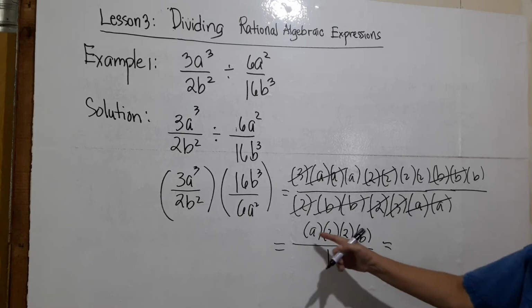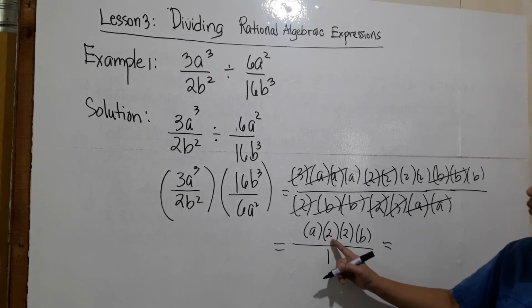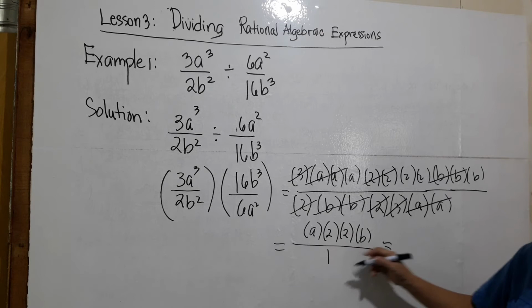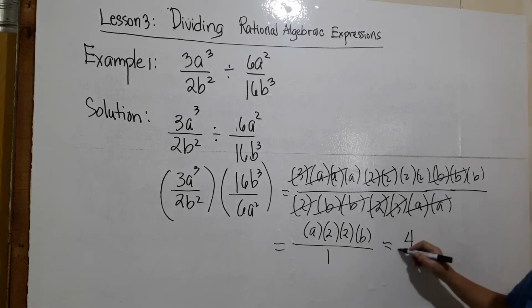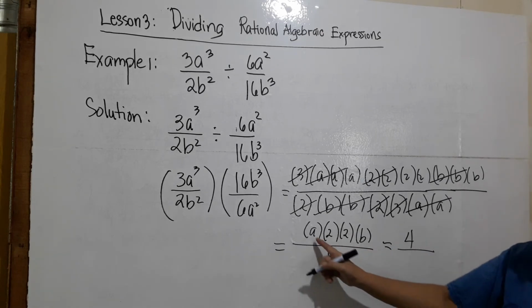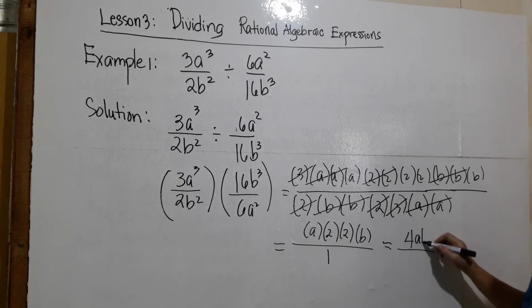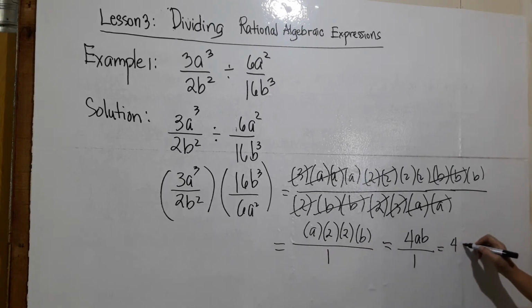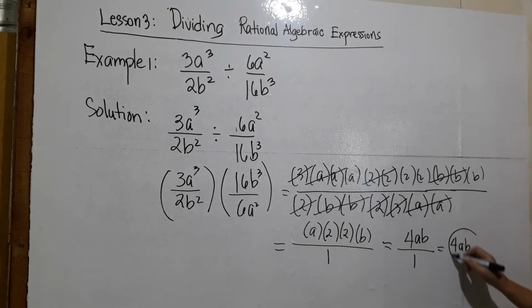So we simplify the numerators. Let's take first the numerical coefficients. 2 times 2 will give us 4. Then a, b over 1. So therefore, we have 4ab for our quotient.